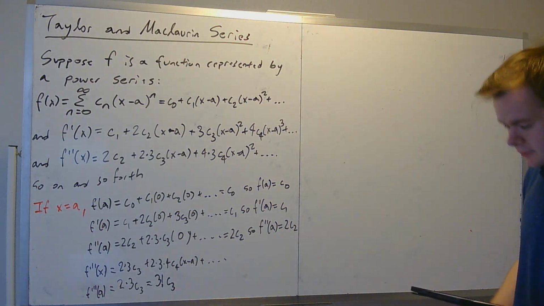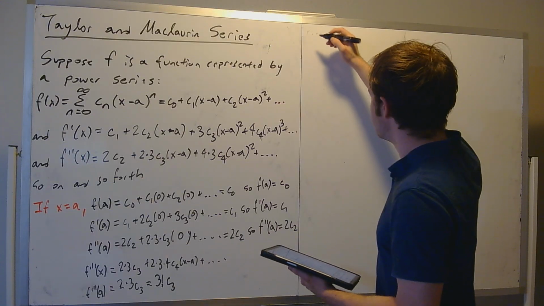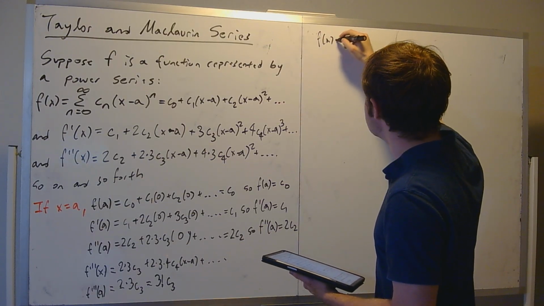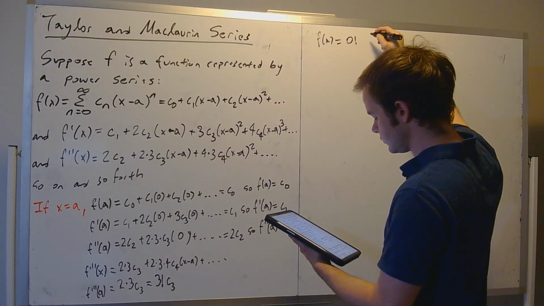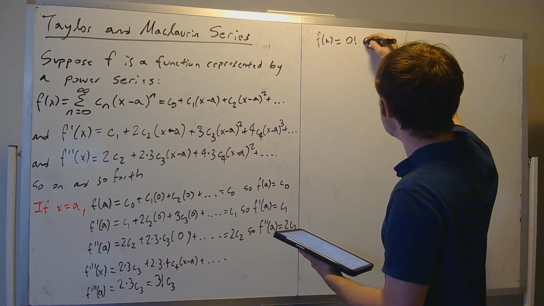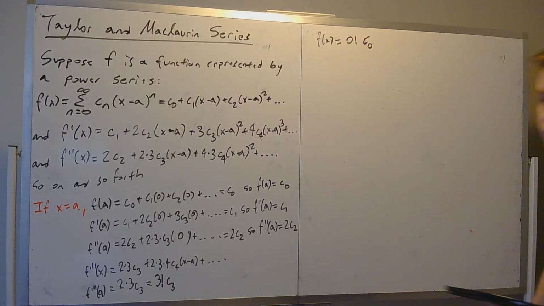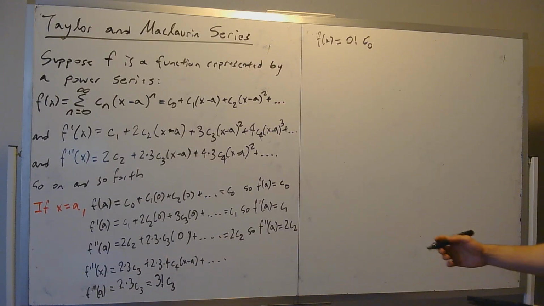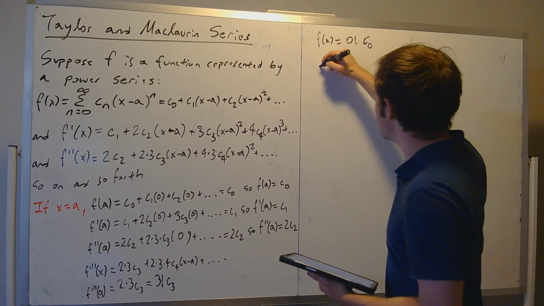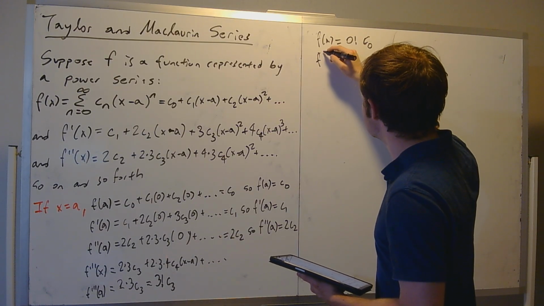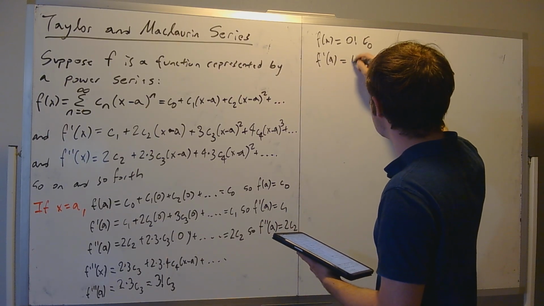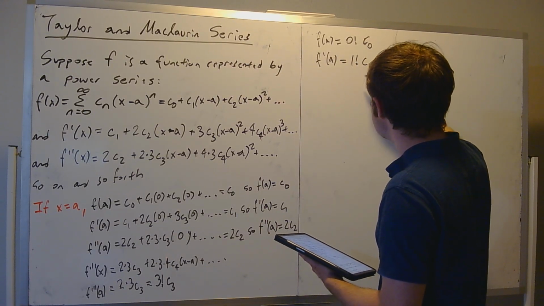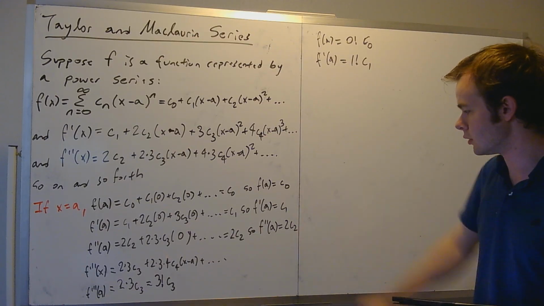Okay, so let's just write down what we had. We had f of a equals 0 factorial times c0, because remember, 0 factorial is the same thing as 1, right? It's just 1. And if we had f prime of a, then we're going to have 1 factorial times c1, which is just c1, so that's what we got there.